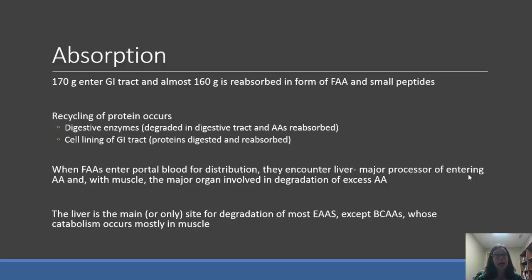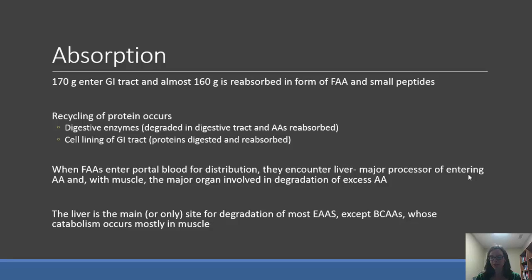Okay, so we absorb a vast majority of the protein that we take in. And one handy mechanism is that we're able to recycle our proteins in our bodies. So we have so many functions that our proteins serve, and our bodies have evolved in order to really conserve these amino acids so that we can always have them on hand when we need them.